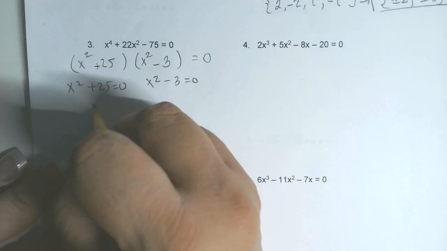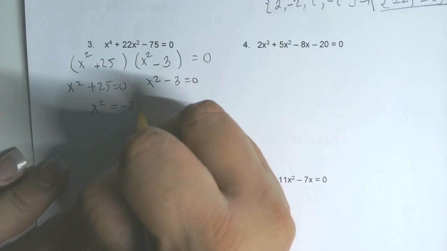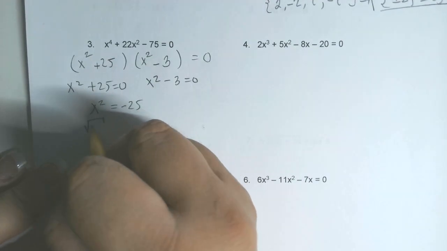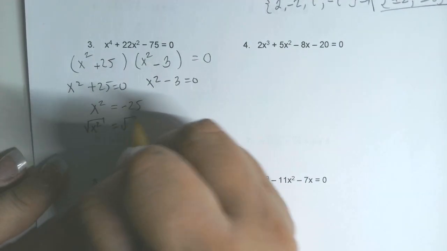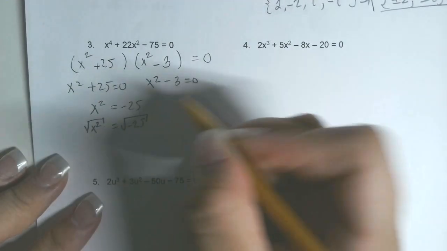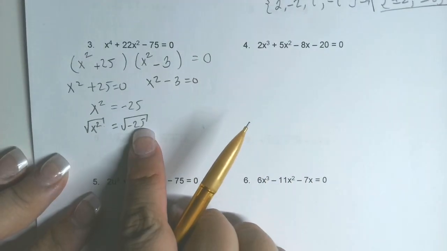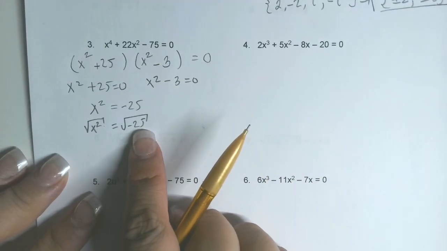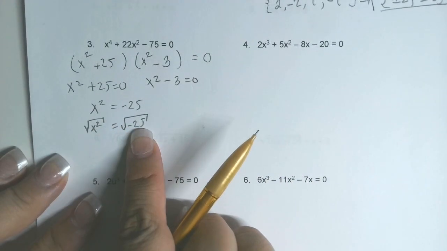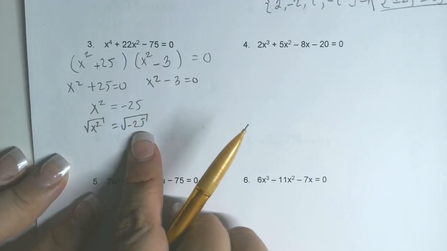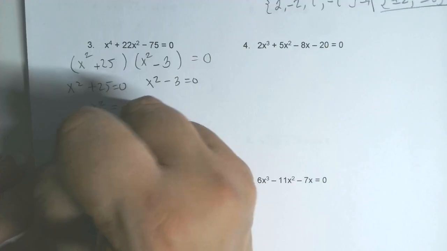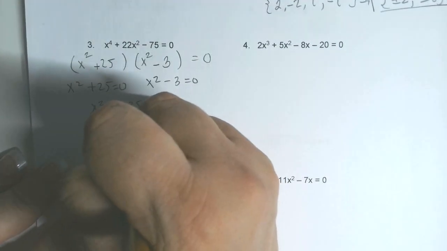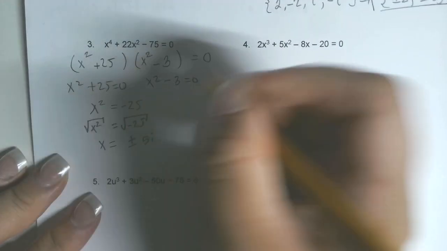On the left, I get x squared equals negative 25. Square root of both sides. So remember, this is the square root. Left and right both have to be taken, and then it has to have two solutions. X equals positive and negative 5i.